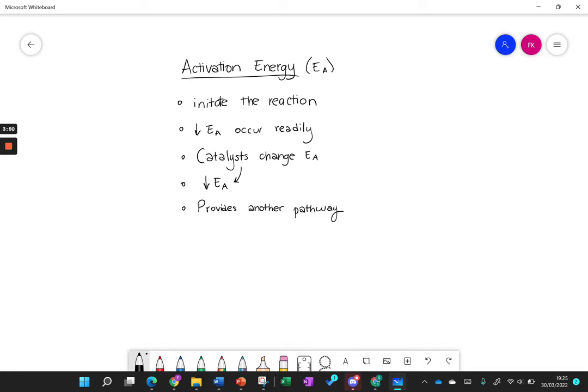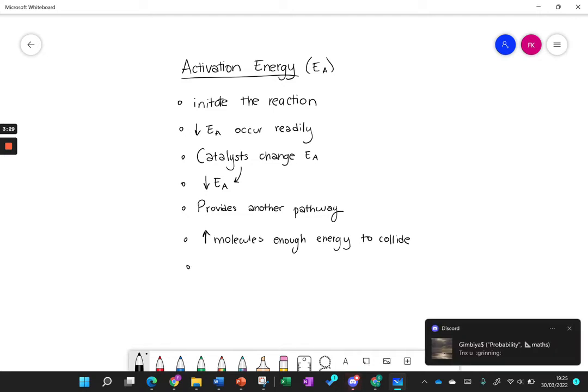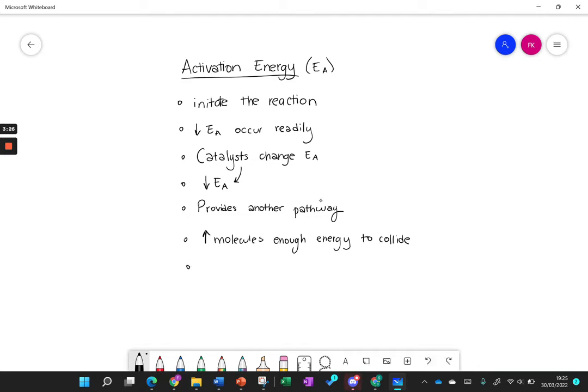By lowering the activation energy, you've got more molecules which are going to have enough energy to collide. And you're also then going to have more reaction and a faster reaction, which is why a catalyst increases the rate of reaction.